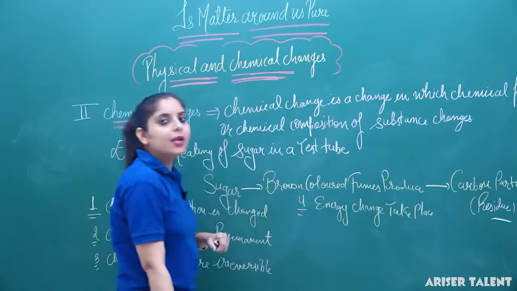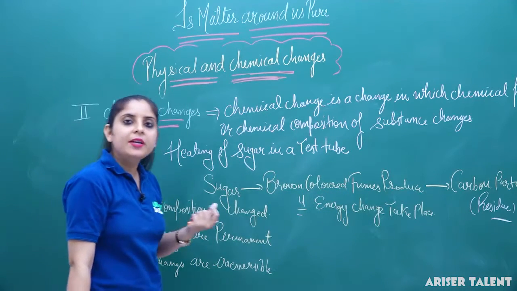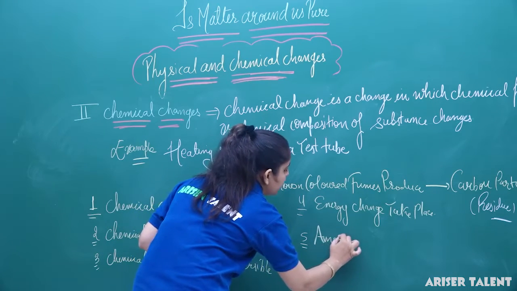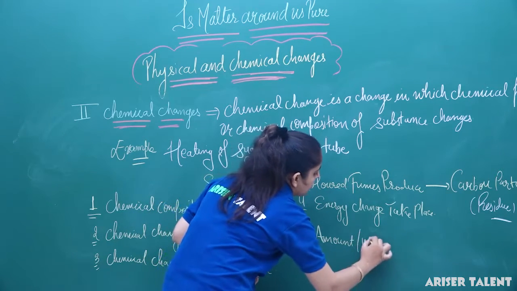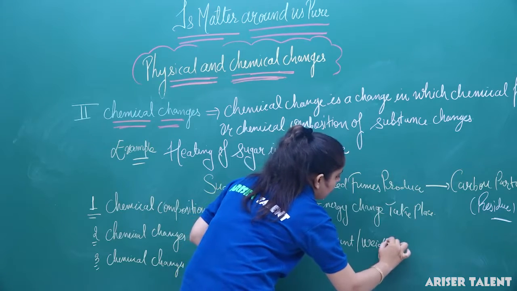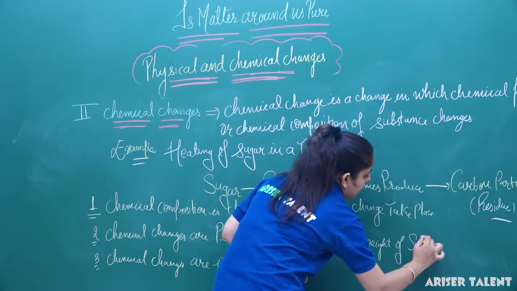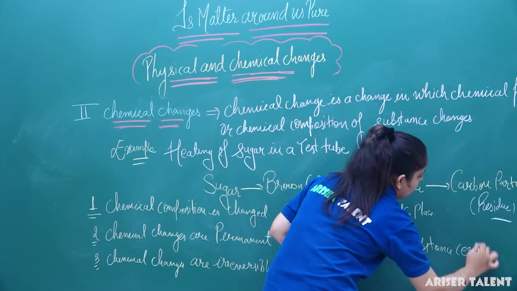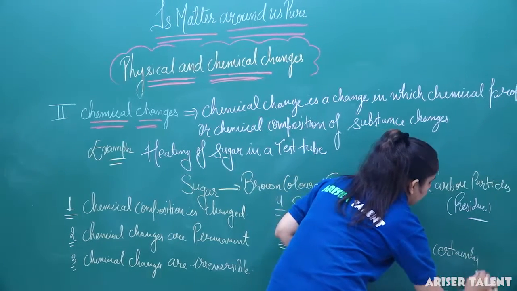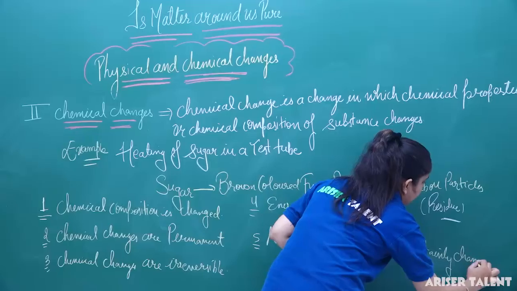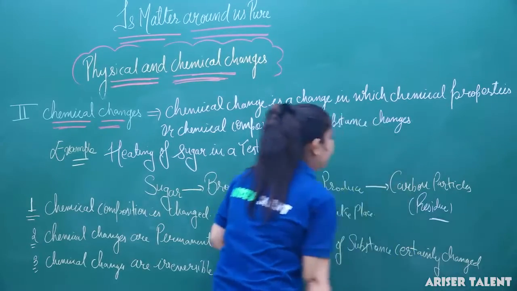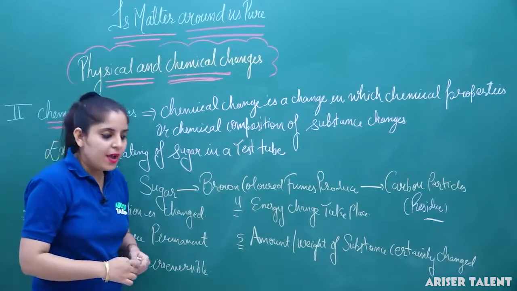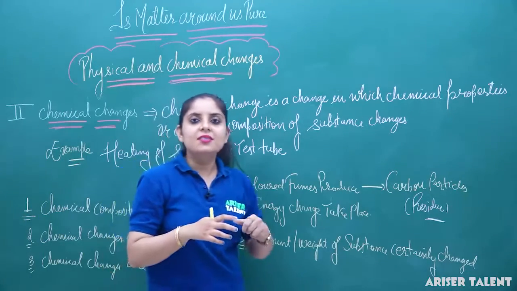And if we are talking about the composition or the weight of a substance, the amount or weight of a substance is also changed. Clear? So these are the changes you can see that take place when chemical change is occurring.